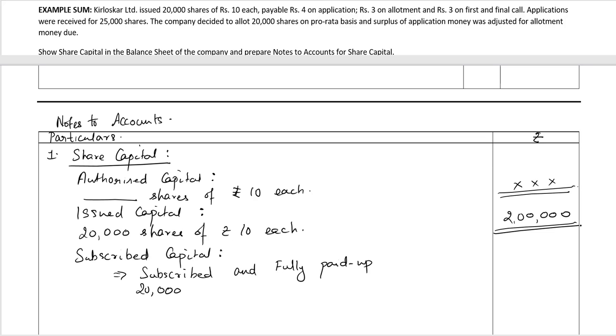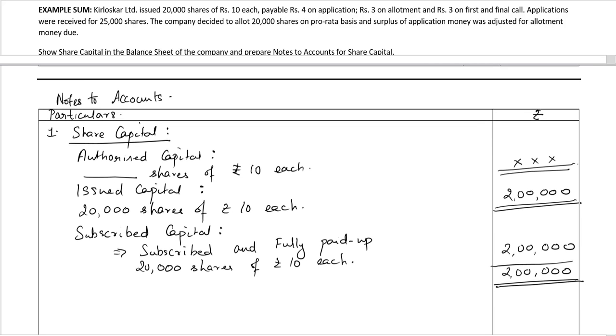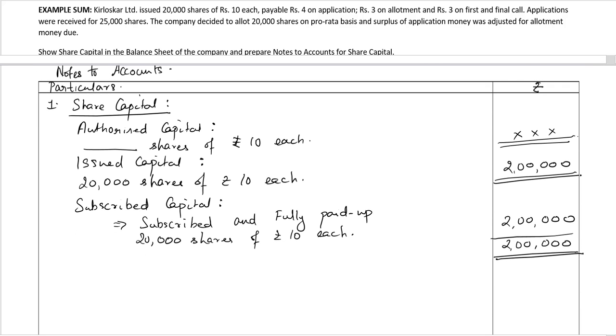20,000 shares of rupees 10 each. Outer column 2 lakh rupees. And the amount to be shown as share capital in the balance sheet is also rupees 2 lakh. Let's go ahead with the note number 2.